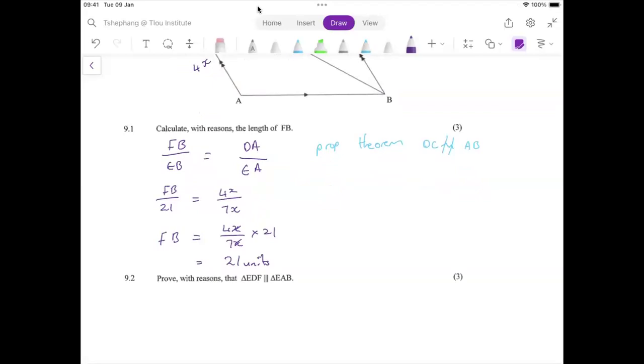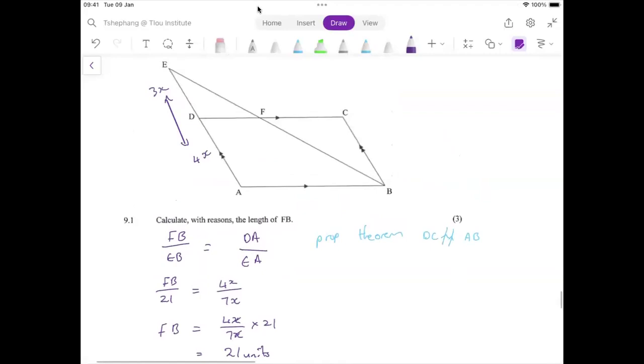Okay, there's a question in the chat. Okay, so please re-explain 9.1, we are looking for FB. Because we're looking for FB, let's just locate it first. It is this line here. What can help us calculate that? I'm immediately seeing that I have parallel lines.